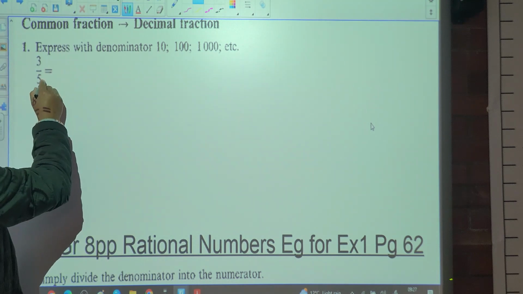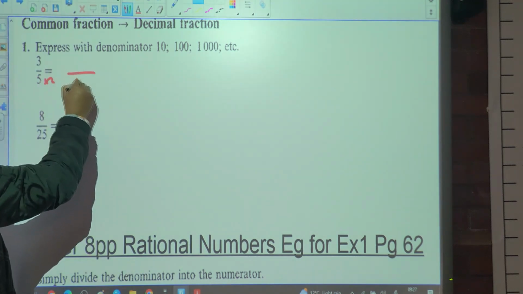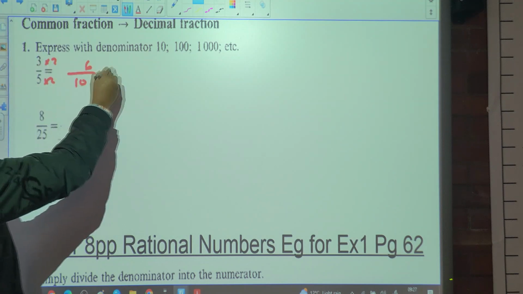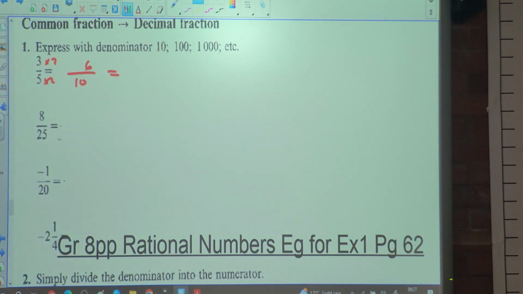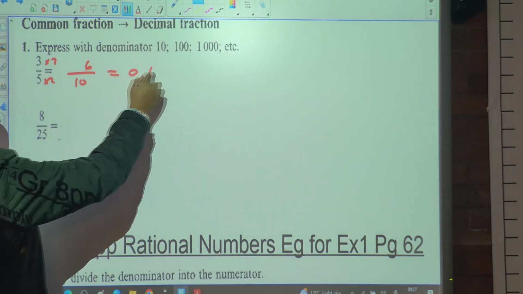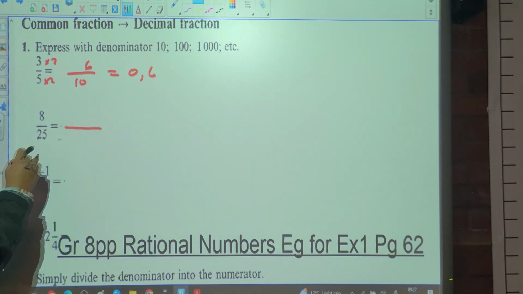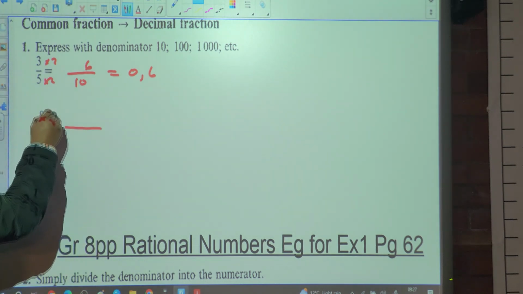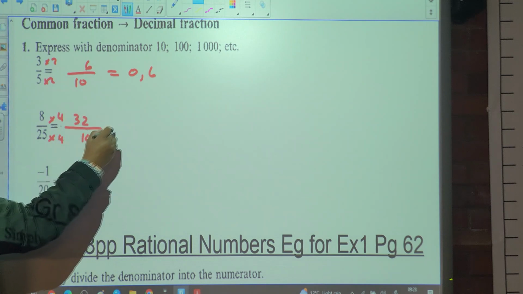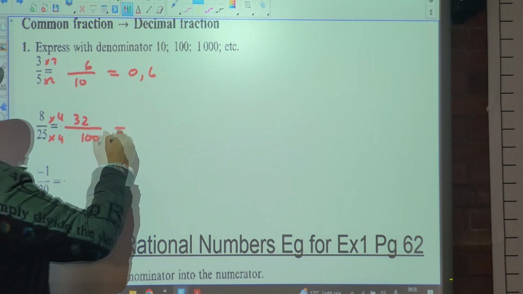So in other words, this here we will multiply by 2 to get 10 in the denominator, so I multiply it by 2, which gives me 6. And 6 over 10 can be written as 0,6. How do we get from 25? Times by 4. Times by 4, so it's 32 over 100, which is 0,32.